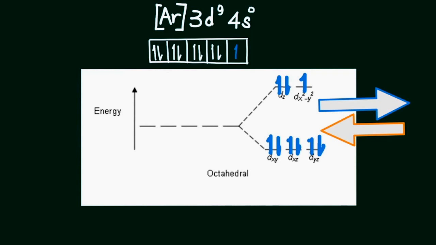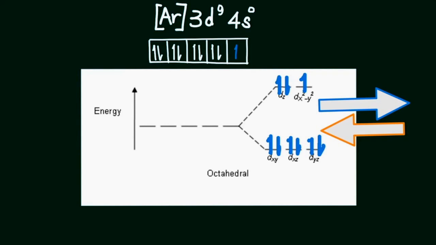And because these 6 water ligands associate with only 2 d-orbitals, it causes a split in the d-orbital system of the copper ion, leading to 2 of the orbitals being elevated in energy and the other 3 being depressed in their energy, noting that all 5 of them begin at the same energy level, but 2 become elevated and 3 become depressed. These 2 that are elevated are the ones that directly associate with the 6 ligands.